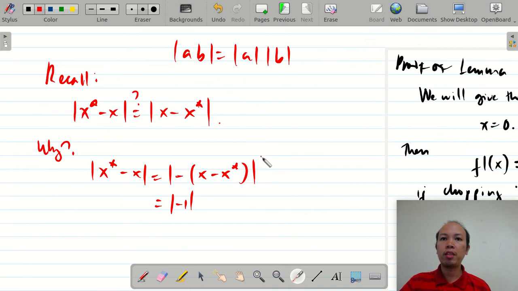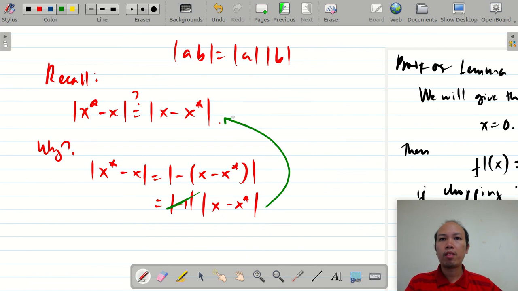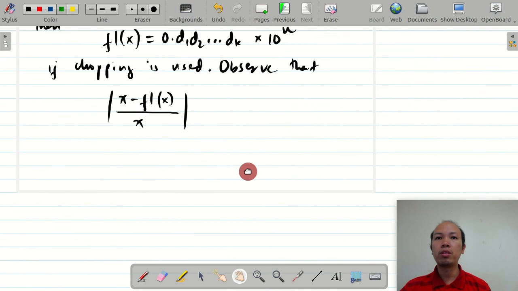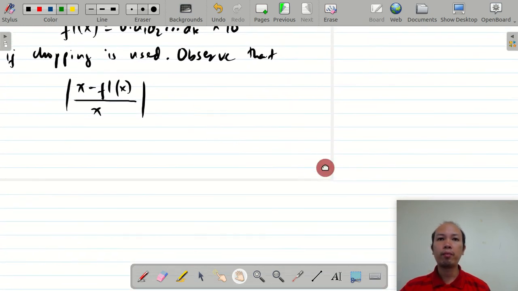But the absolute value of negative 1 is positive 1, so whether we write x minus x asterisk or x asterisk minus x, since you are getting the absolute value, they are just the same.